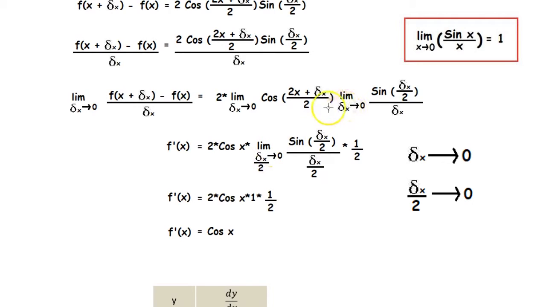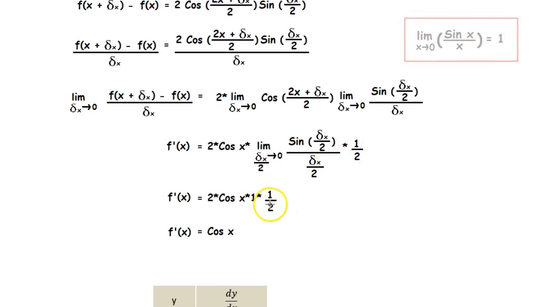So we can replace delta x with delta x over 2, and now we have this part according to our formula. So this will be equal to 1. That will give us 2 into cos x into 1 into 1 over 2. So this 2 and this 2 cancel off, giving us f prime x is equal to cos x. So the derivative of sin x is equal to cos x.